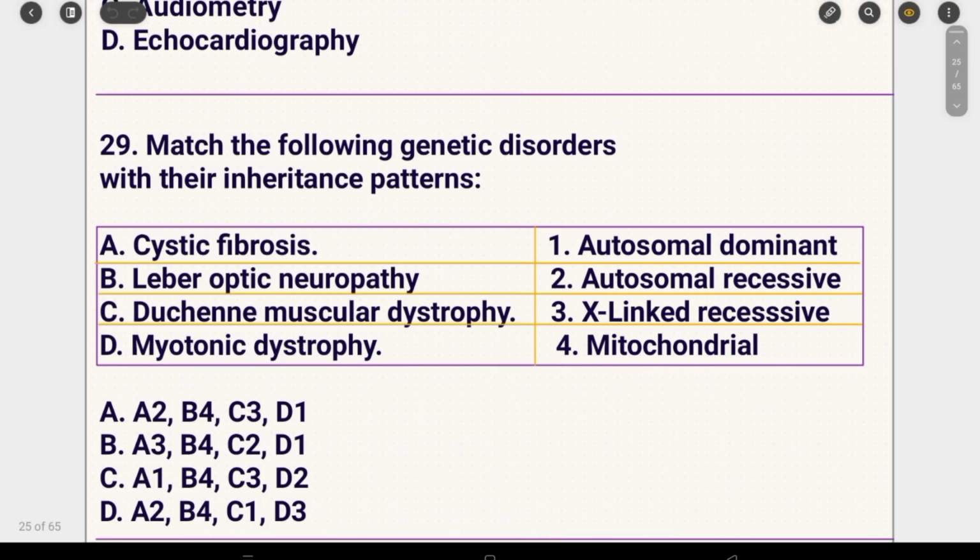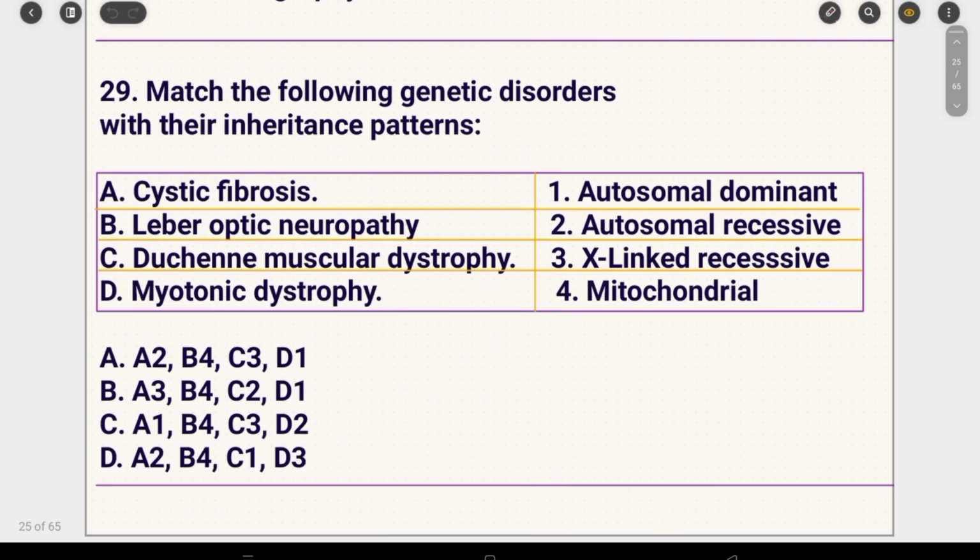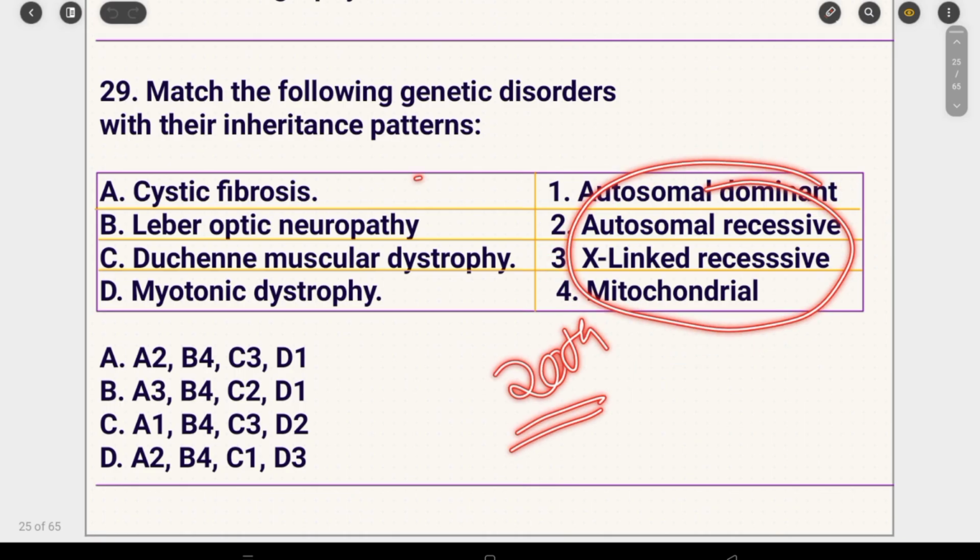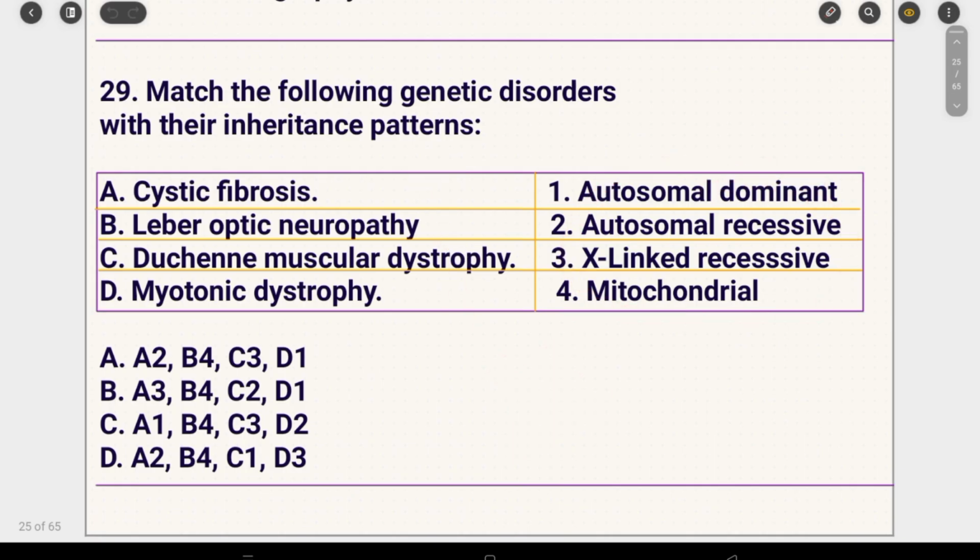Okay, coming to the 29th one, match the following genetic disorders with their inheritance pattern. Cystic fibrosis, Leber optic neuropathy, Duchenne muscular dystrophy, myotonic dystrophy. See, all the genetic disorders we will discuss in the 20th book, but first let's at least make sure we will not make a mistake on these four.